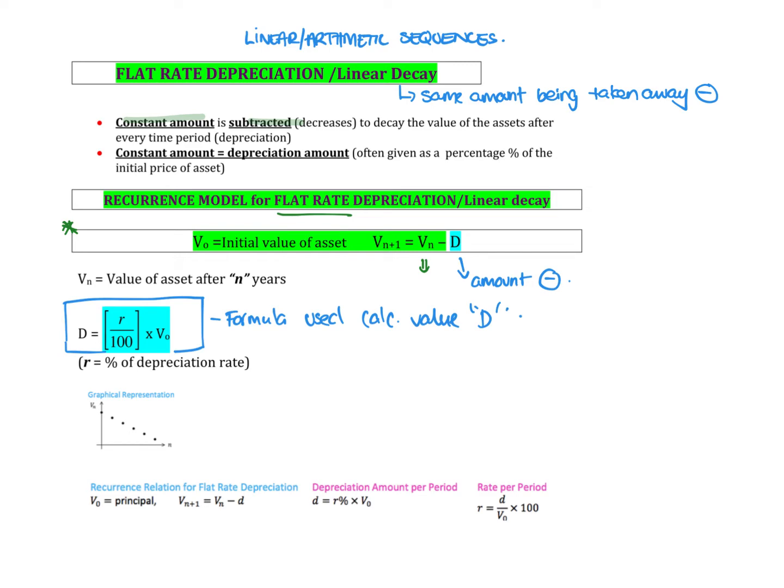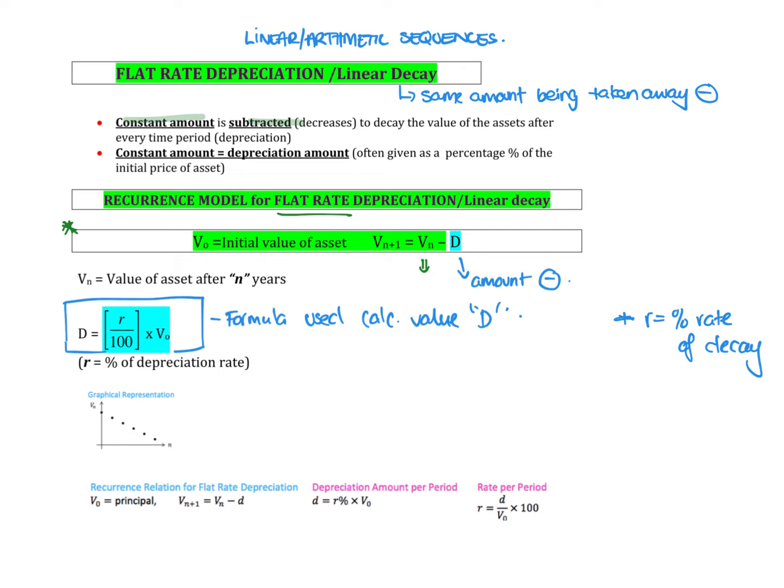So you might want to write a little note that R equals the percentage rate of decay. They'll say it's going down by 2% every year or something like that. So the rate is still a rate, and it's a rate of depreciation.